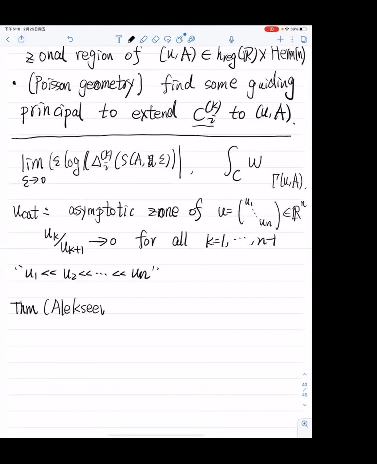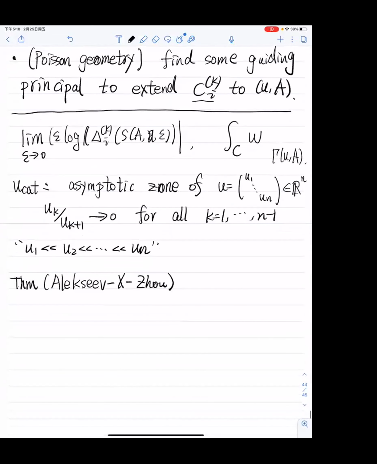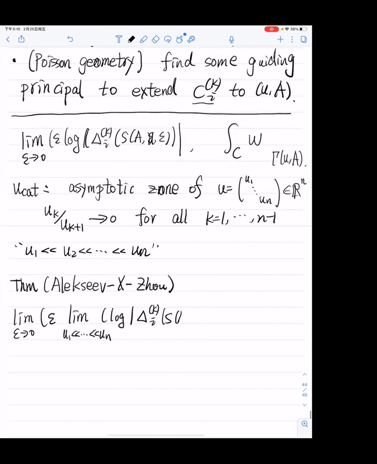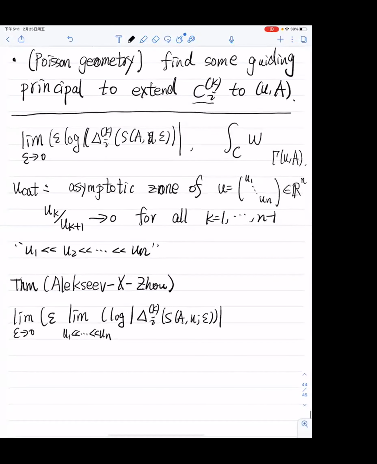So again, with Anton and Yanzhou, we show that actually we compute this data, the analysis data. So many brackets, so let me see.